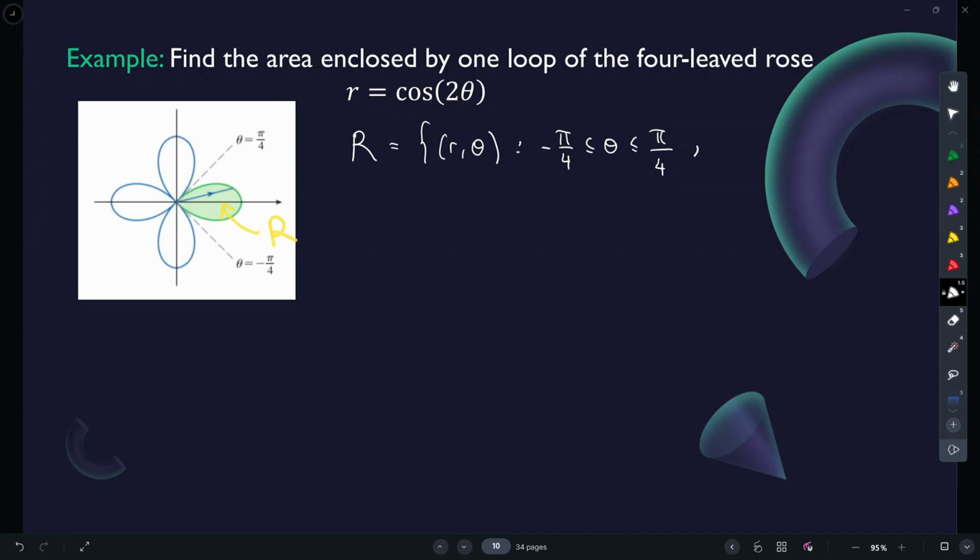And then the radius goes anywhere from 0 to whatever this function is, since the radius depends on the angle. At this angle, I can go all the way here. At this angle, at 0, I can go all the way here. But at this angle, I actually have to stay at the origin. So here the radius is bounded between 0 and cosine of 2 theta.